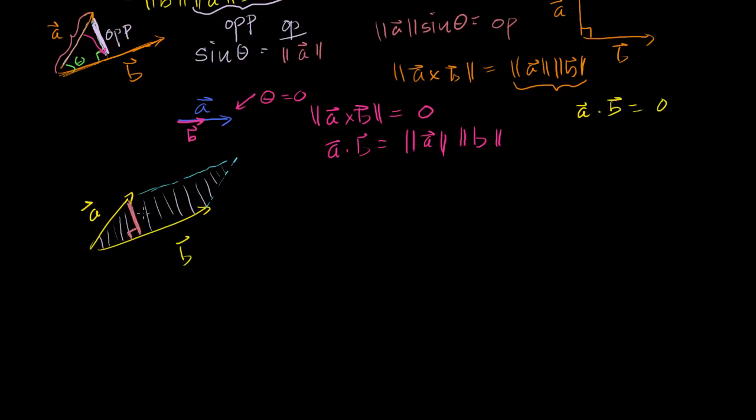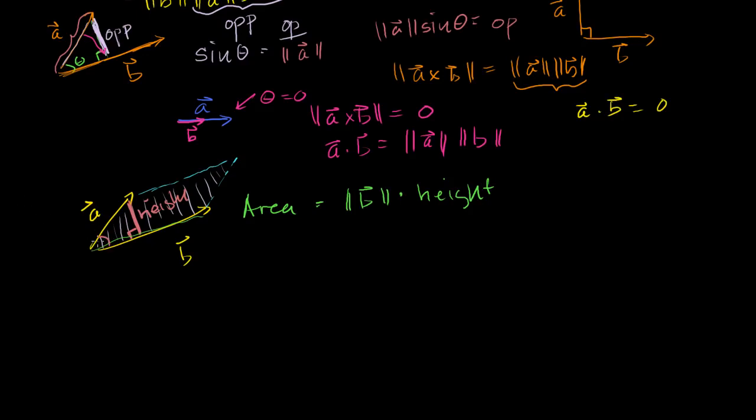If this is perpendicular and this length is h, for height, then the area of the parallelogram is just equal to the length of my base, which is just the length of vector B, times my height. But what is my height? Well, let me draw a little theta there.